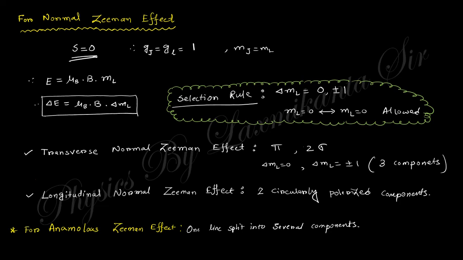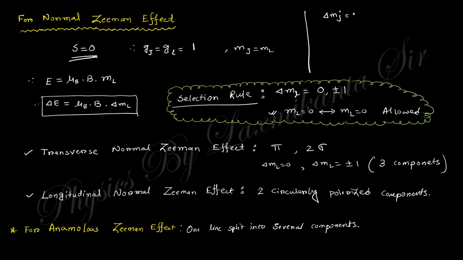Okay, now the transition happens with this selection rule. The selection rule says delta Ml equals 0, plus or minus 1. Here you remember, delta Ml equals 0 to 0 is also allowed. But in the case of delta Mj, actually this is small j because this is a quantum number, and this is also small n.